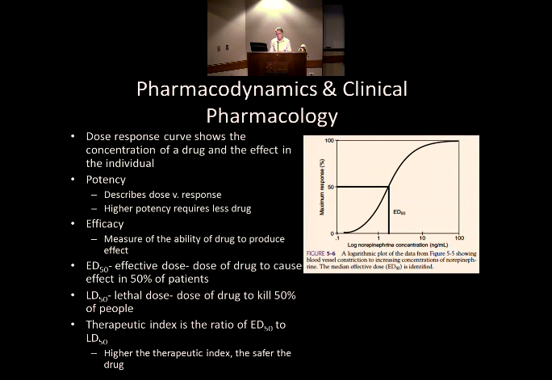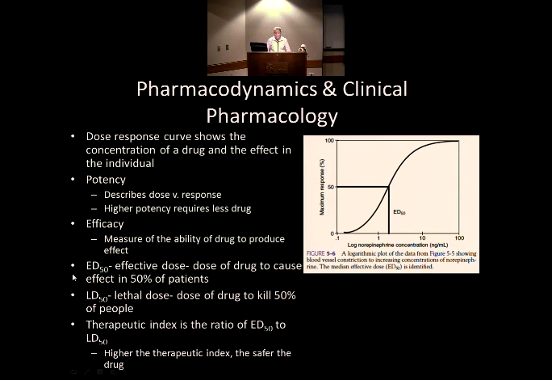Clinical pharmacology. This is a picture from a book outside of y'all's tech book, but it gave a much prettier picture of a dose response curve and what we're looking for. So it goes down to the lower numbers, the ED50 and LD50 down here.